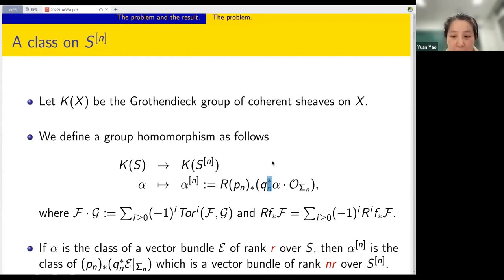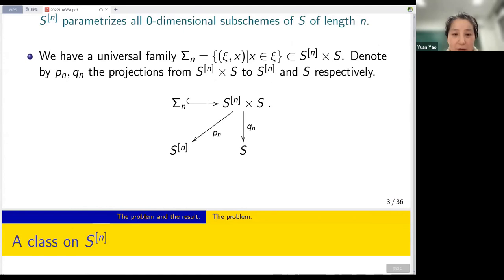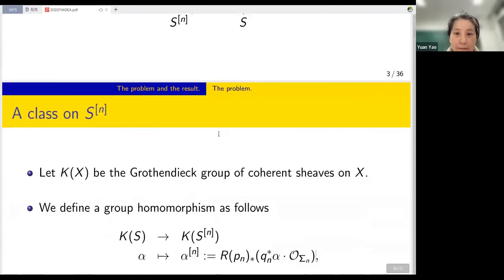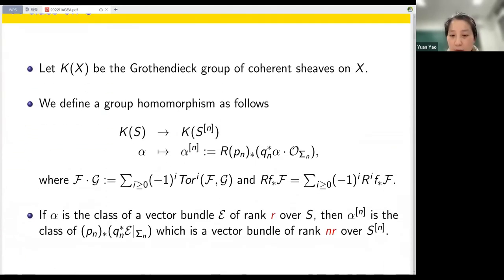You have this diagram: you pull back alpha with Q_n, and you tensor it with the structure sheaf of this universal family. So you do the derived tensor, and then you push forward with P_n. You have to take the derived push forward, certainly.